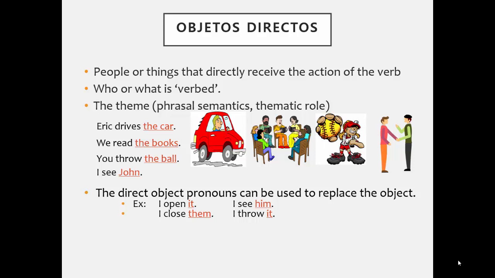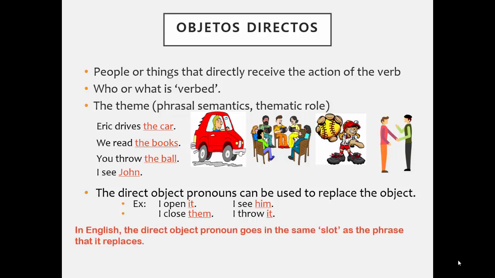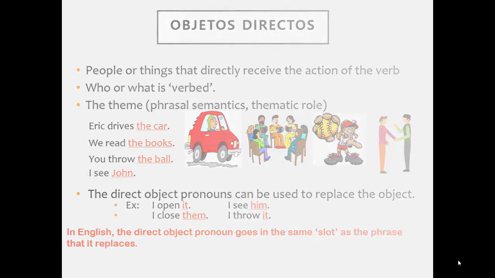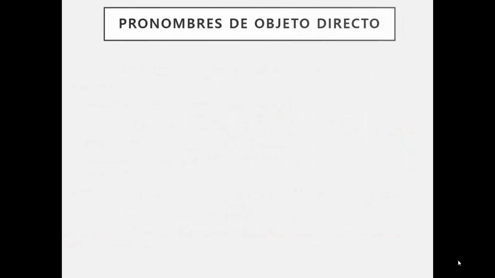It is also important to note that in English, the pronoun goes in the same place as the phrase it replaces. I open the window. I open it. Same placement. This is something to keep in mind as we transition to direct objects in Spanish.